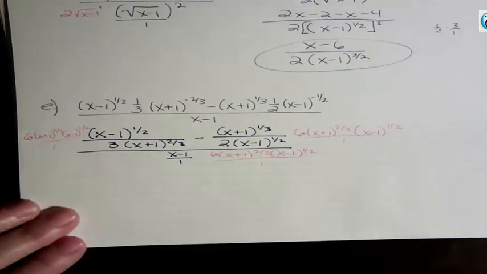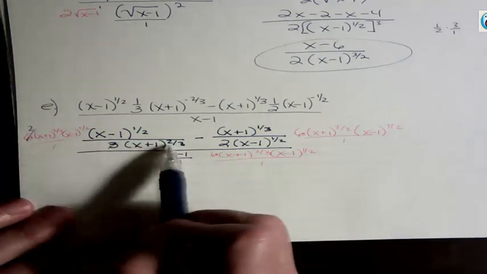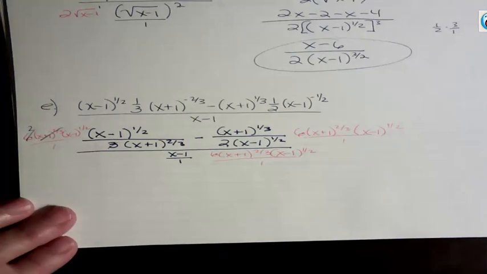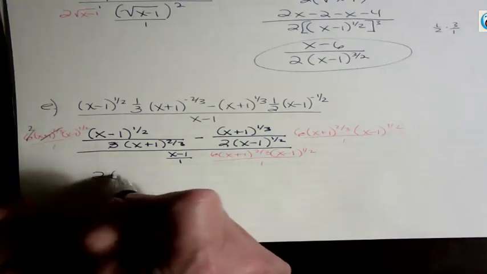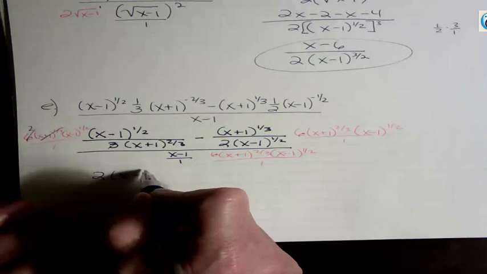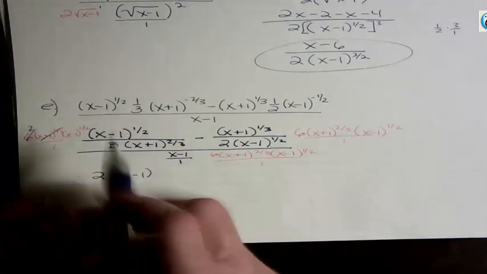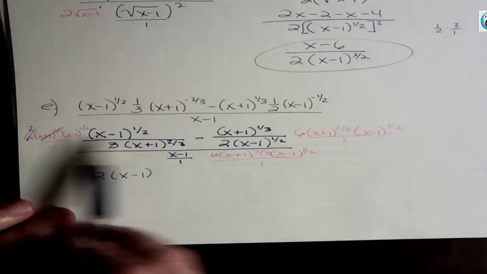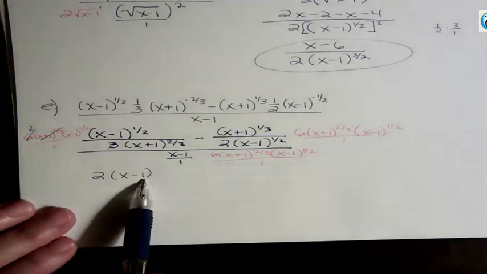Okay, so what happens to the first one? Well, 3 goes into 6 twice. The x plus 1 to the 2/3 cancels. So we have 2 times x minus 1 to the 1/2 power times x minus 1 to the 1/2 power, right? When I multiply these together, I have 1/2 plus 1/2, which is just 1, so it's just to the first power.